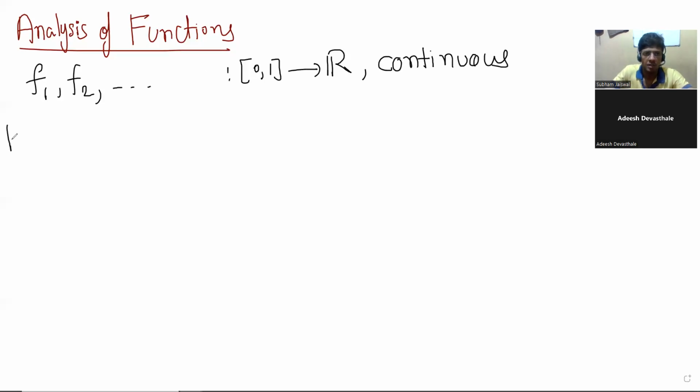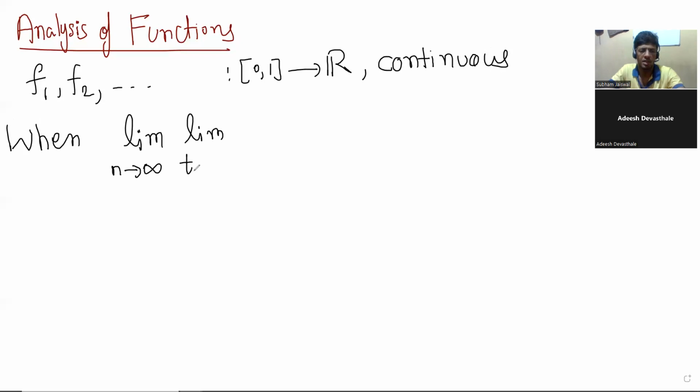Now, the key question that we are trying to answer is: when is the limit as n tends to infinity of the limit as x tends to x naught of f_n(x)?